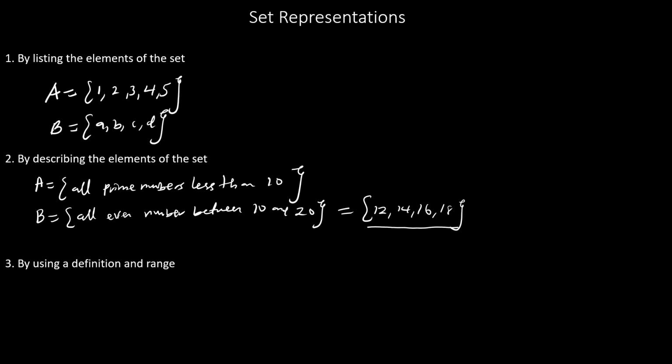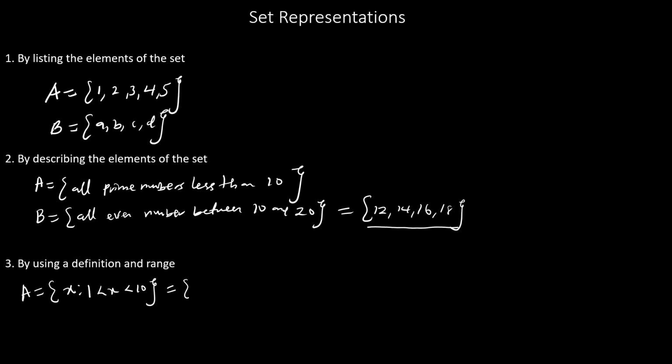And the third one we are going to be looking at is the use of range. So how do we go about this? We can say that a particular set A equals x such that 1 < x < 10. So what does this mean? It means x is a number and this is the range in which x falls, 1 < x < 10.